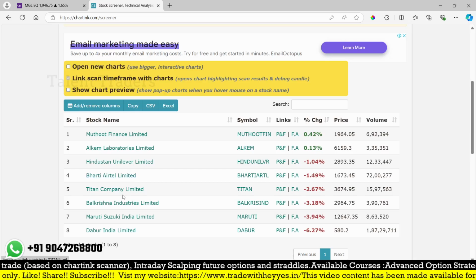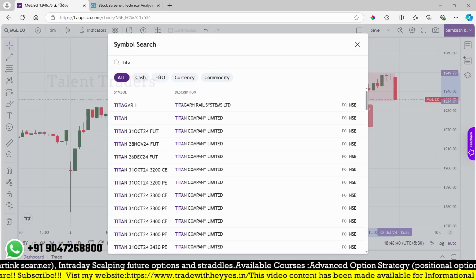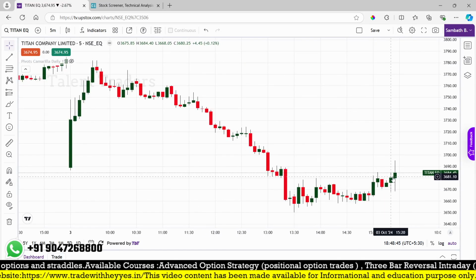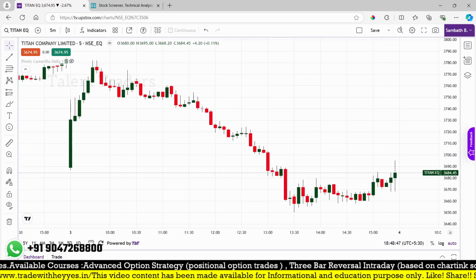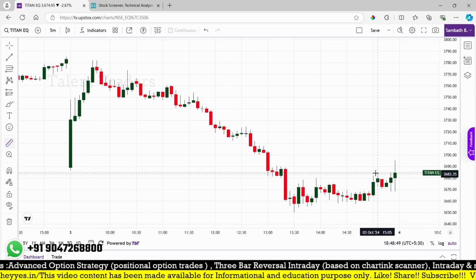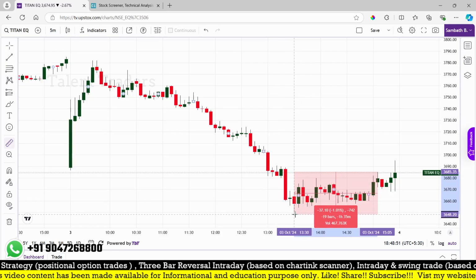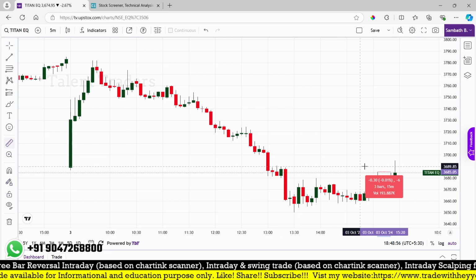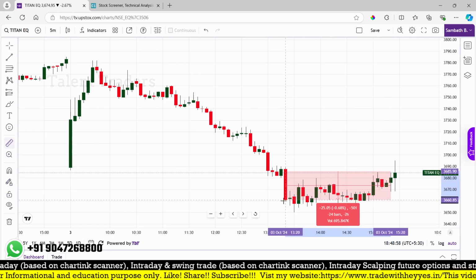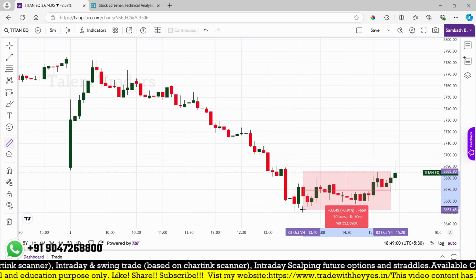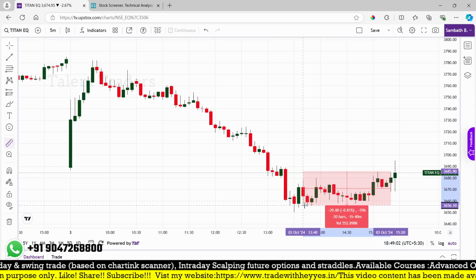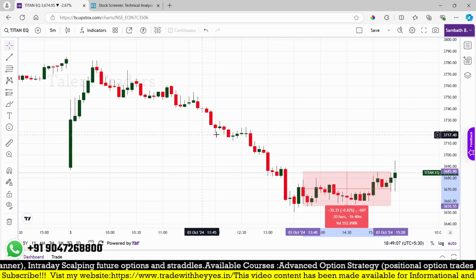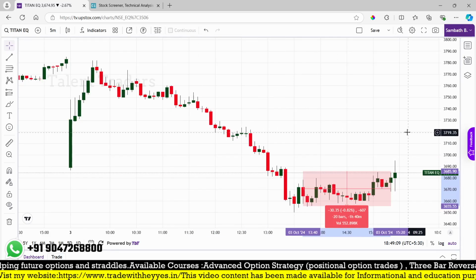Let me check Titan. There is a 1% consolidation, and the last candle closes above the level. Comparing the past 20 candles, it's less than 1%. From the previous candle, we are calculating the 20 candles, and it is less than 0.8%, and this current candle has closed above the level, which is exactly what we are expecting.